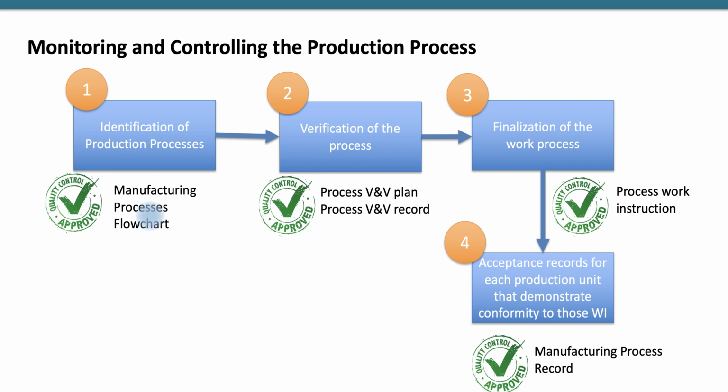Then we start the verification process. The verification process is established through process validation verification and is recorded in the process validation verification record. When we establish all the steps for a specific process, we test each of the steps.